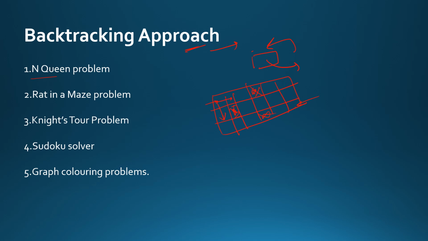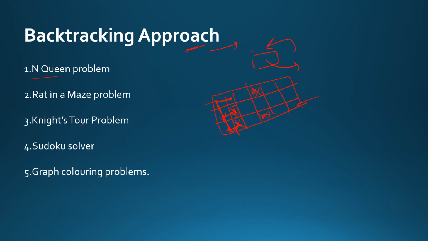When it goes to the right and there is a block, it should not go there. Instead it should change its location to here. If there is also a wall here and it reaches here, it has to backtrack to this point to reach the final location. So this is the backtracking approach.